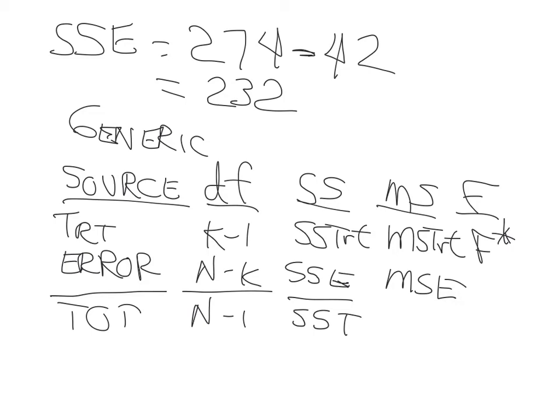Okay? So that's the generic one, and we've seen so far how to get the first two columns, that is the degrees of freedom and the sum of squares column. All right, so our next trick is going to be how to fill in the mean squares and the F star.